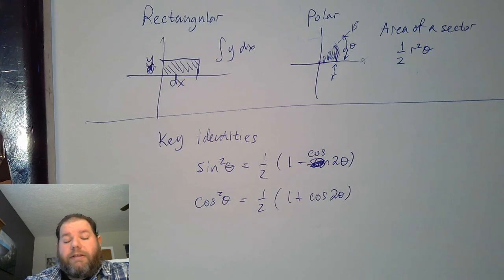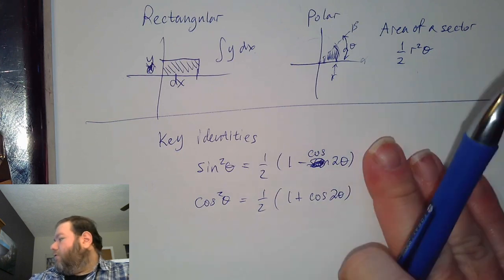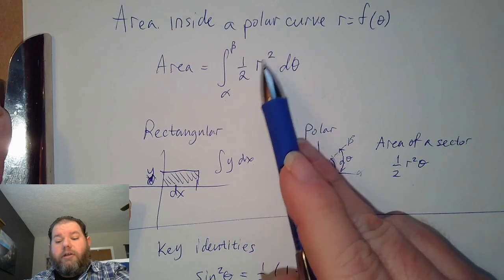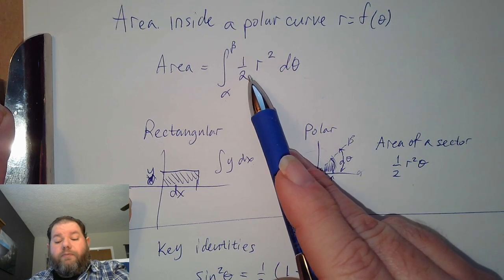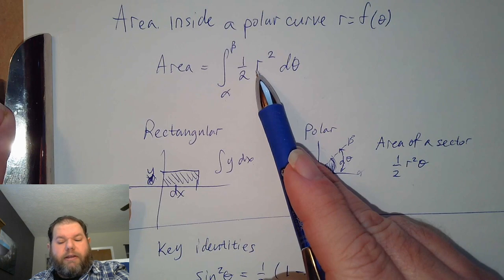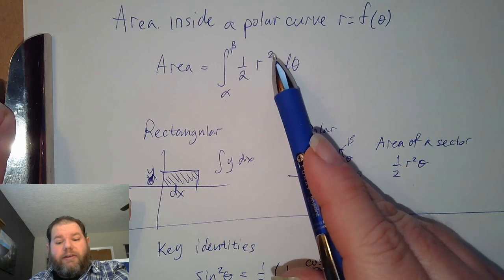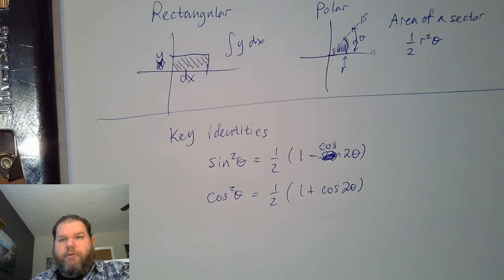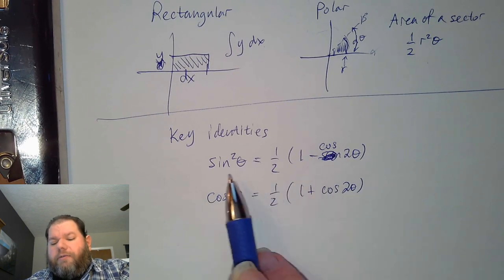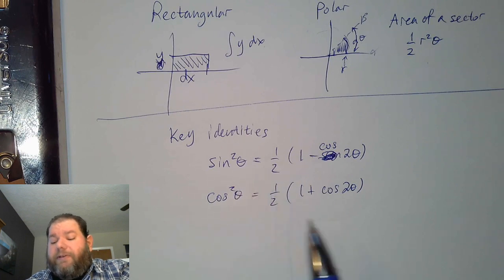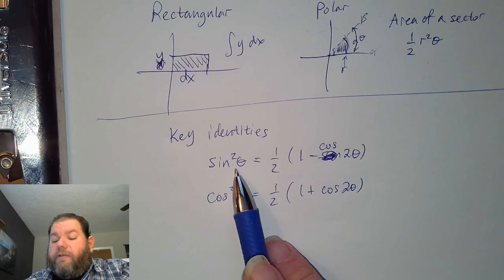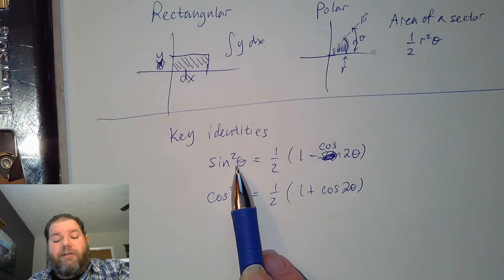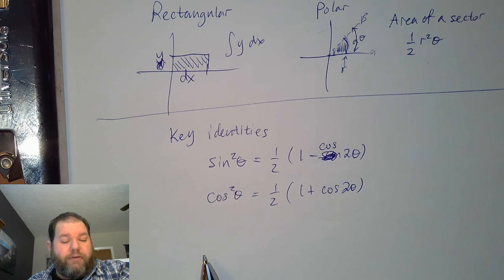We'll need both of those identities because when you think about plugging a function into r squared, say r equals 1 plus sine theta, we're going to square this sine, so we're going to have sine squared. And the only way that we can integrate sine squared, going back to chapter 8 or 7, whichever one it was, we had to use what we call our power-reducing formula, because we can't integrate a trig function squared, at least not sine or cosine.